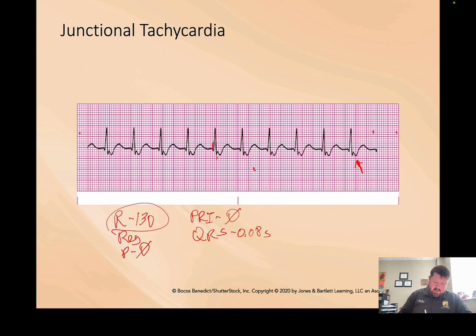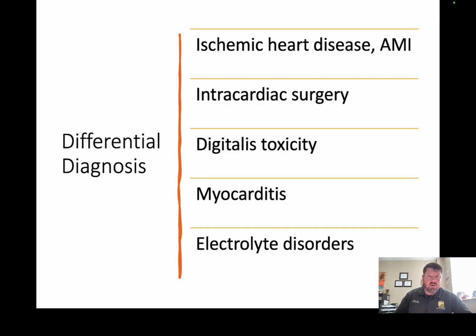So with no P wave, we have junctional tach. A lot of the same things can cause these: ischemic heart disease, intracardiac surgery, dig toxicity, myocarditis, or electrolyte disorders.